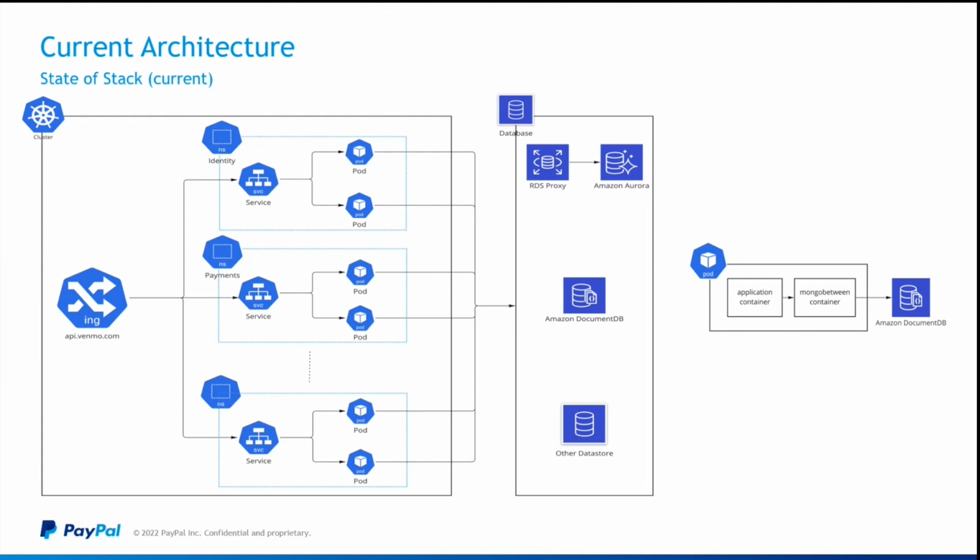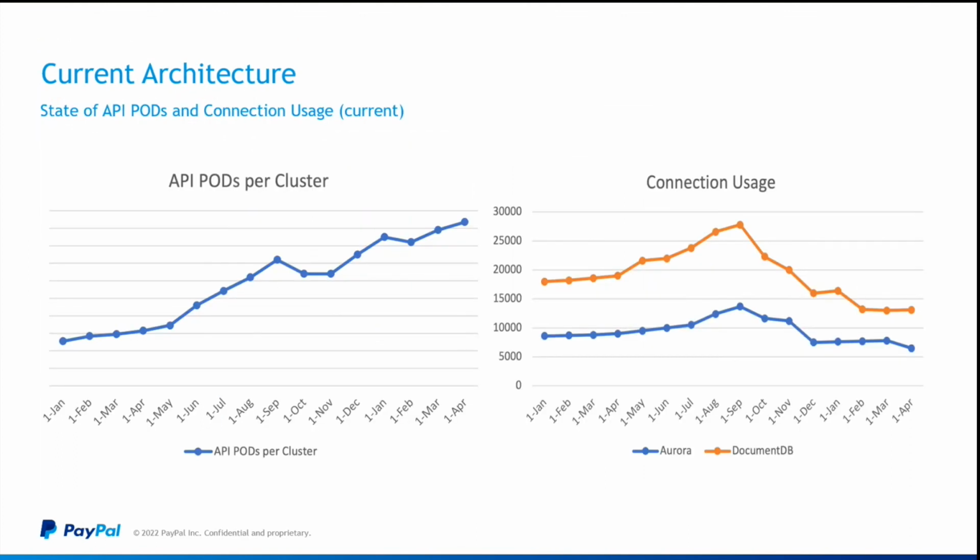And we have RDS Proxy running in front of Aurora, and all of the applications connect to RDS Proxy and leverage connection multiplexing. Similarly, for DocumentDB, we have the Mongobetween sidecar container running on the application pods to connect to DocumentDB.